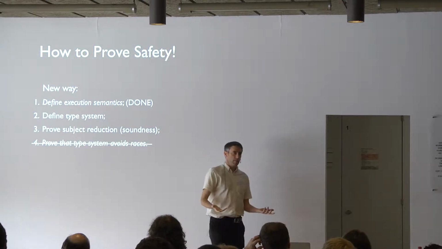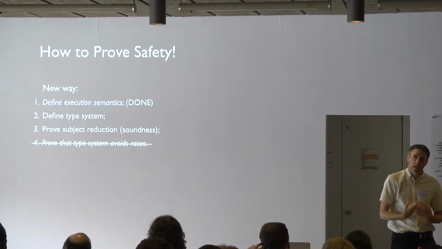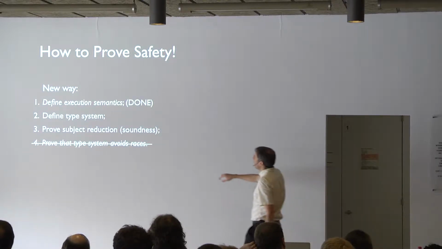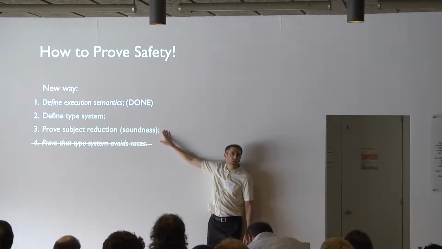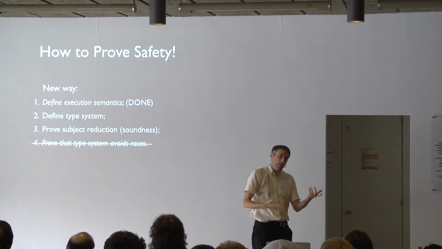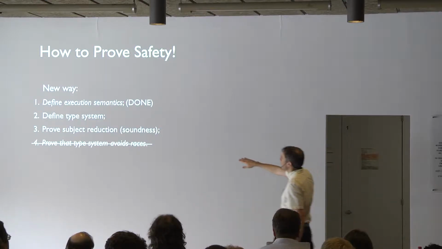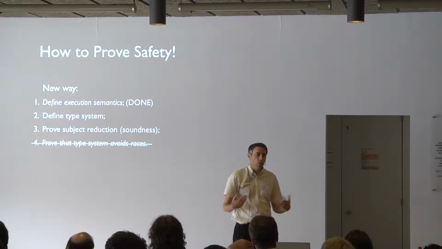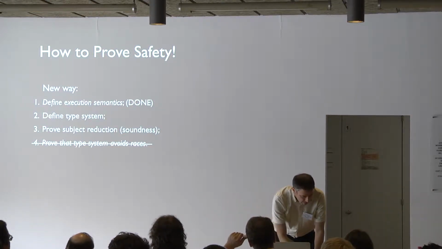You define your type system with respect to the execution semantics, and then prove your progress and preservation, as you've done before, your soundness. But since this model already includes the happens before relationship in it, at the execution, you don't need to do this final step here. Proving that it avoids races is not necessary because it's already shown by doing the subject reduction.